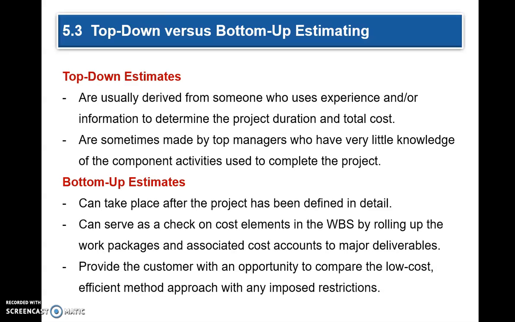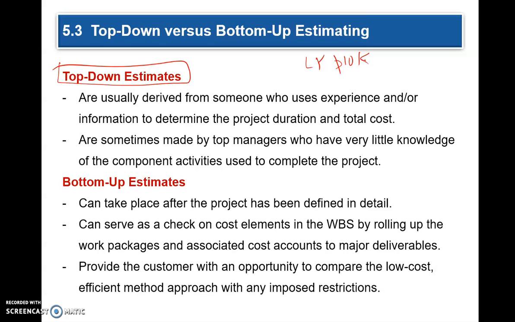So let's talk about the estimating methods. Top-down estimates are usually derived from someone who uses experience and/or information to determine the project duration and total cost. So last year we did this project and it cost us $10,000.